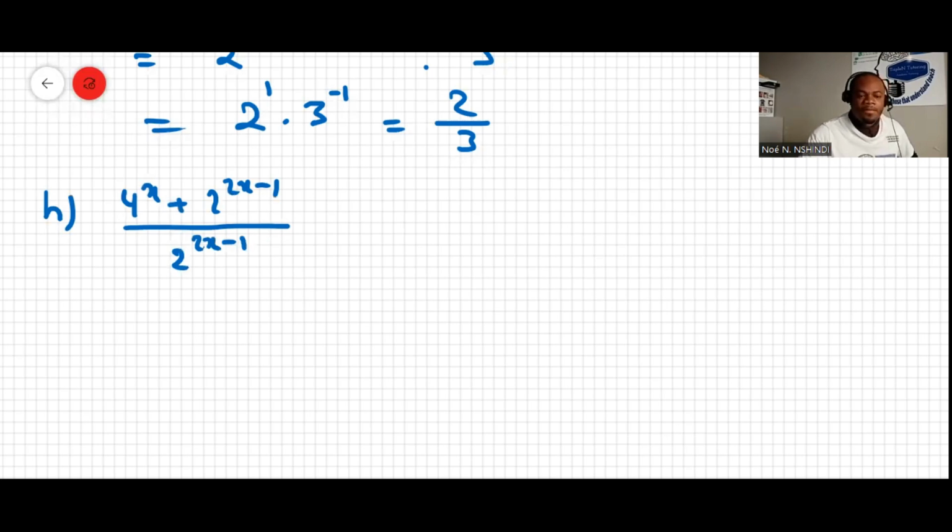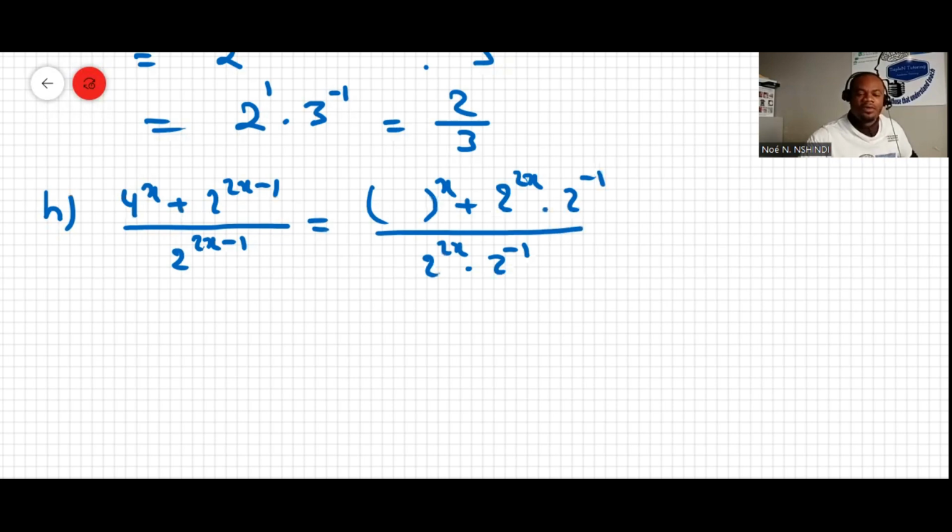Then 4 to the x can be written in terms of its prime factor, plus 2 to the 2x minus 1 can be written as 2 to the 2x times 2 to the negative 1, all over 2 to the 2x times 2 to the negative 1.